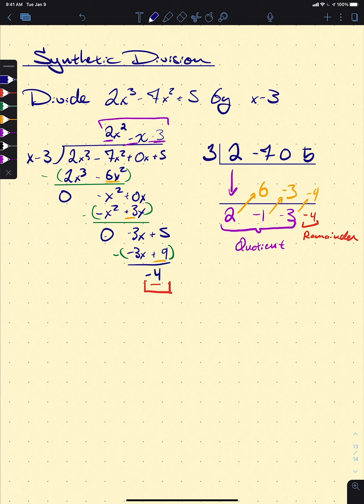And that's this theorem right here. It's called the remainder theorem. Okay. And it goes a little something like this.